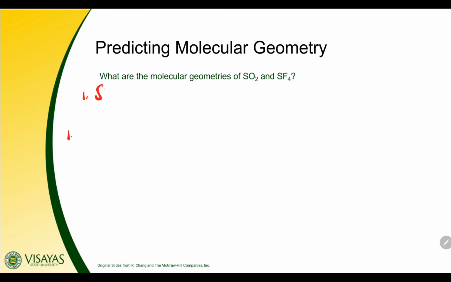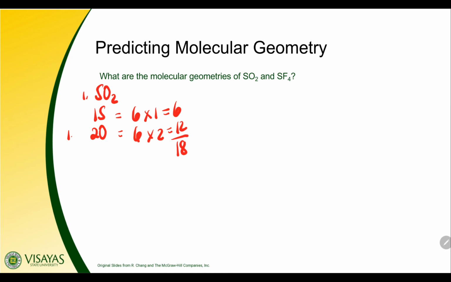Let's write it here. So we have one sulfur, and the sulfur atom has 6 valence electrons. So we have 6. Then we have 2 oxygen atoms. Each oxygen atom has 6 valence electrons. We have 6 times 2. Our total valence is 18 electrons.